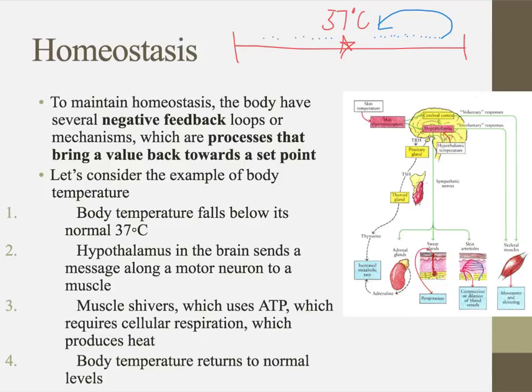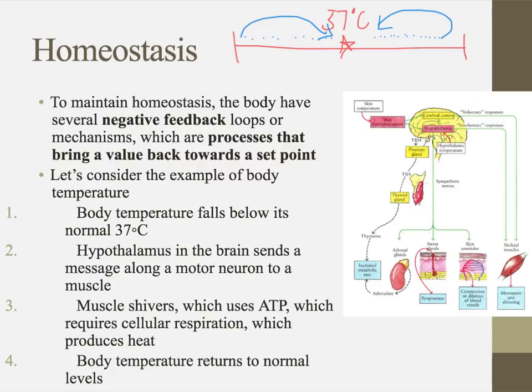If you get too cold, some other things are going to happen to return back to that value. So in negative feedback loops, the processes that occur bring a value back towards a set point. That's a little bit different than a positive feedback loop where things might feed off of each other, and the more you have of something, the more that causes something to increase farther. But in negative feedback loops, we're always bringing the value back to a set point.